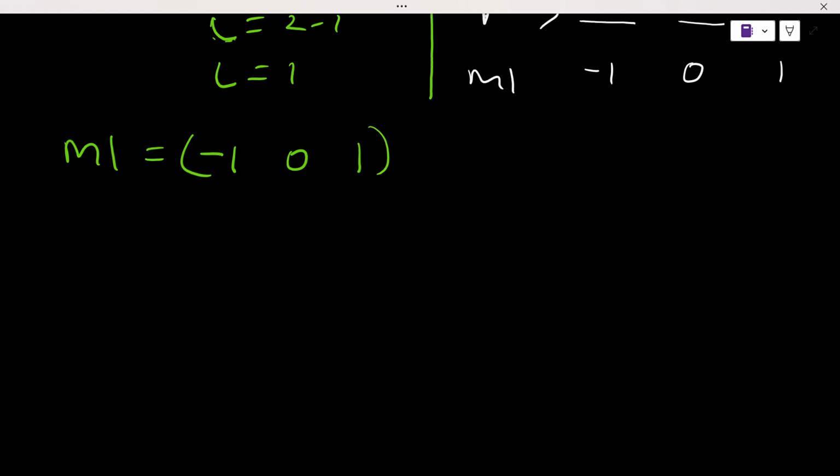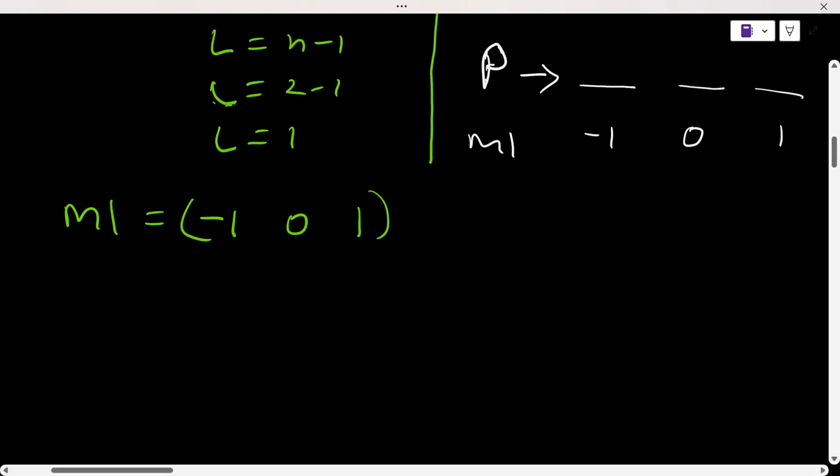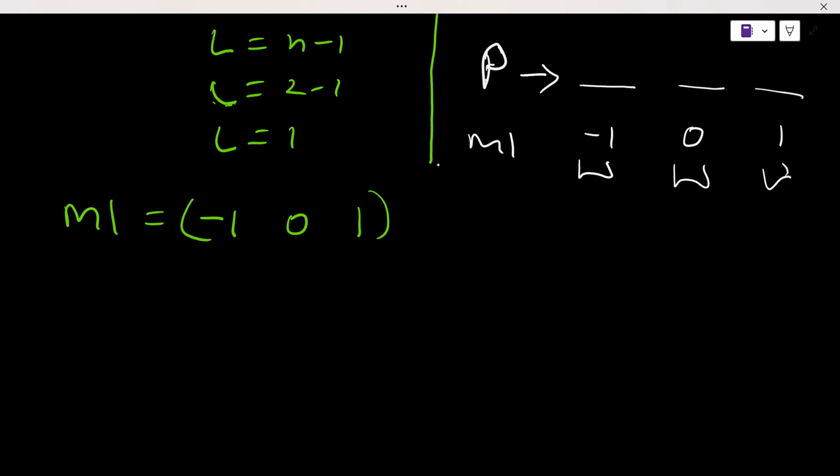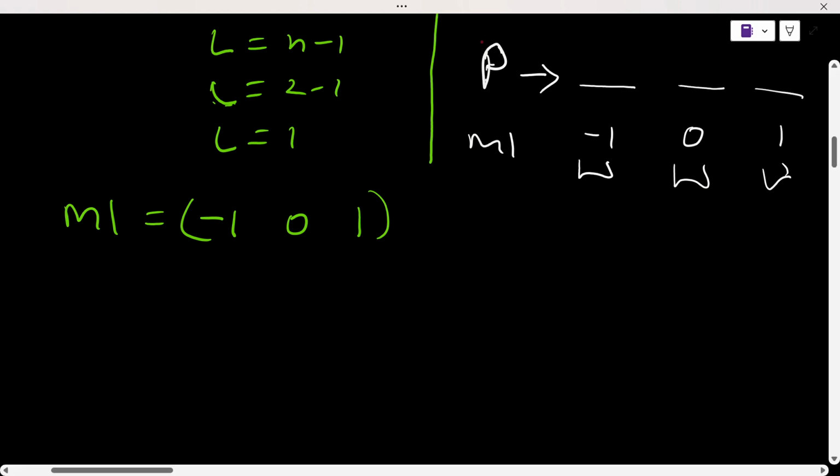If I have something like that, because I'm supposed to be having the 3 of them. This one, this one, and this one. And we know very well that P orbitals are always divided into 3.